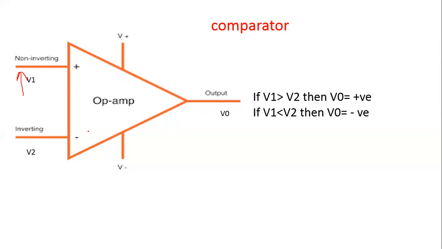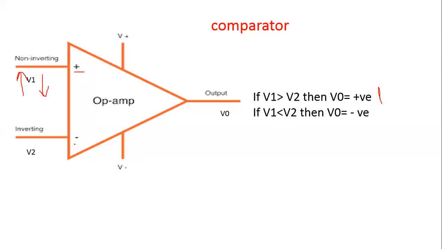At that time, the output is positive because we applied a high value at the positive terminal. That's why we get a positive output, that is logic 1. Similarly, if V1 is less than V2, then the output is negative.